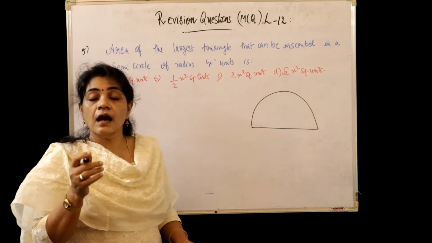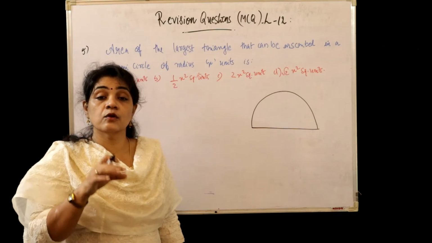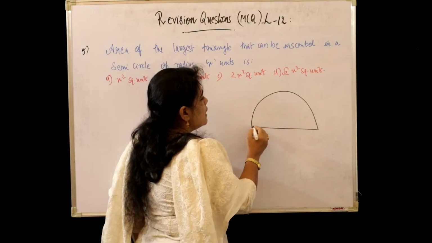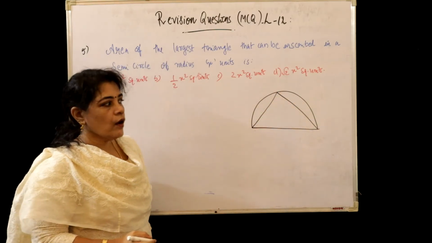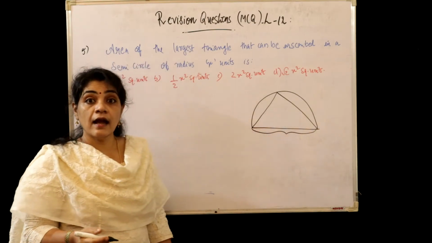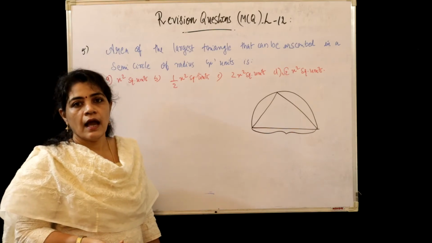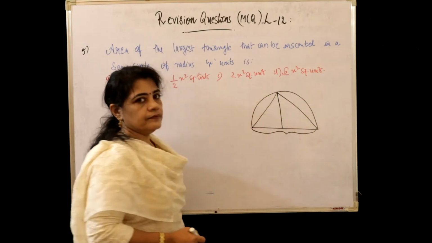Okay, and the largest triangle which can be inscribed in a semicircle is always an isosceles triangle. Here the base is equal to the diameter of the circle, that is 2r, and this radius is the height.